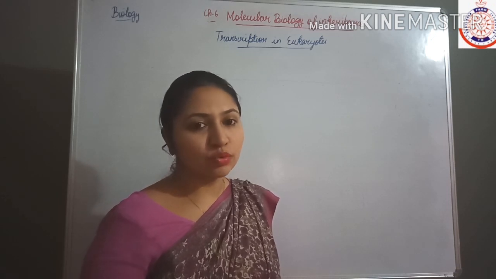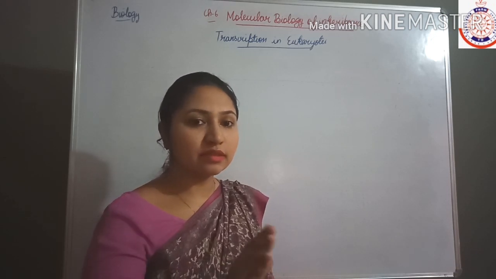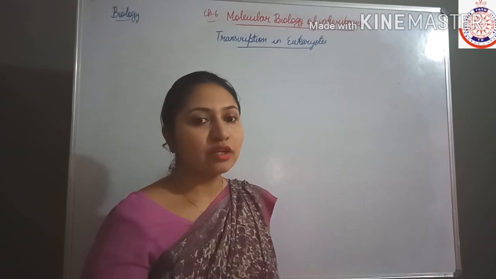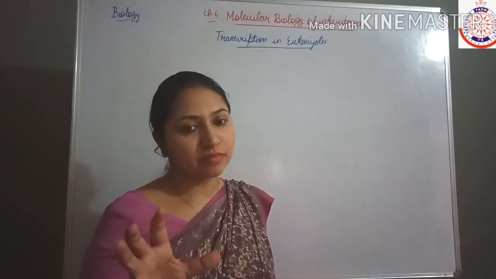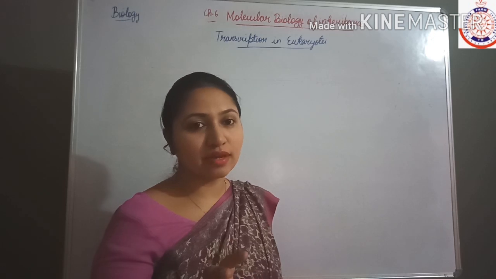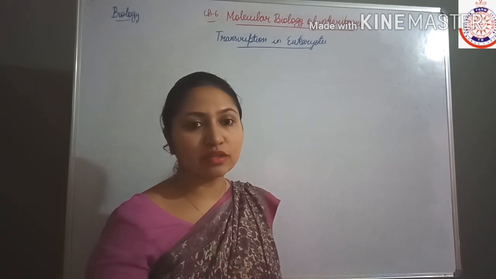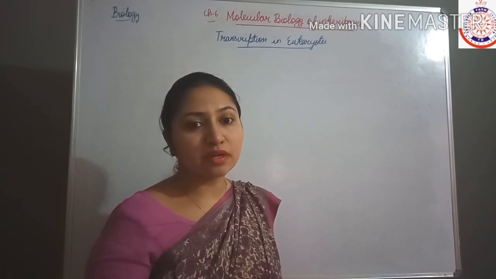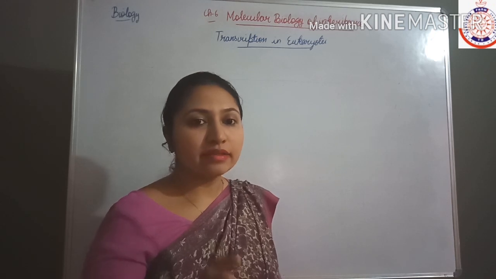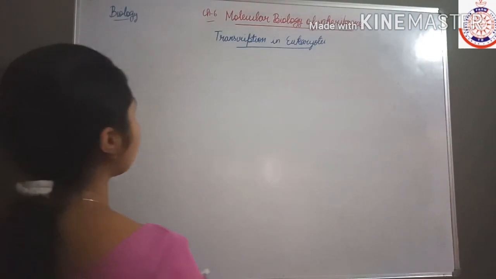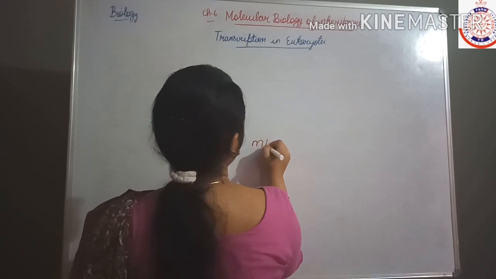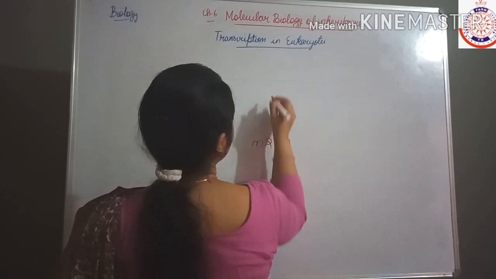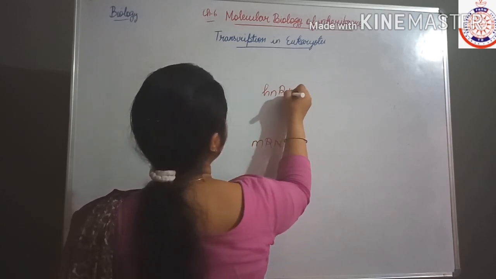But in eukaryotes, first the transcription occurs in the nucleus, and the RNA which forms is hnRNA, which is the precursor of the mRNA, and the mRNA forms from the hnRNA.